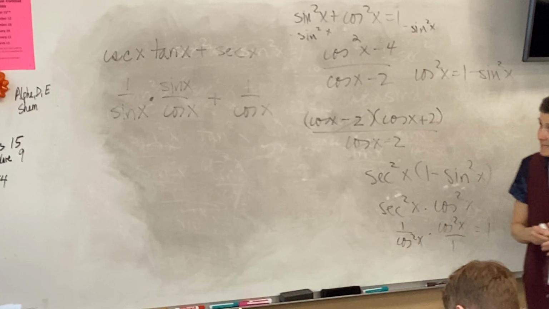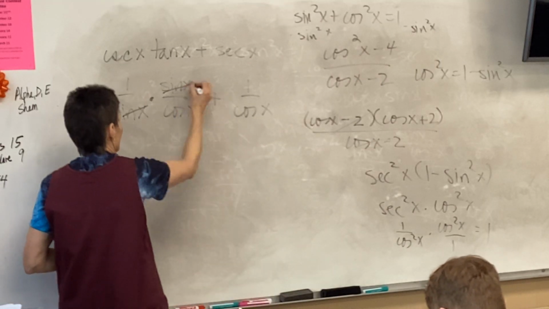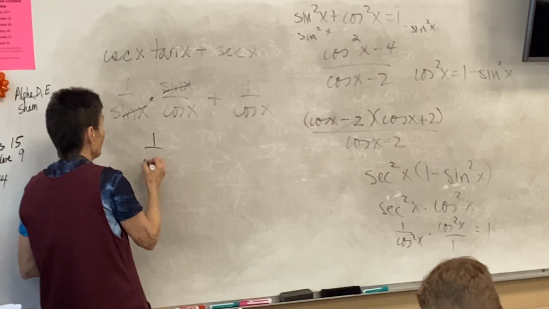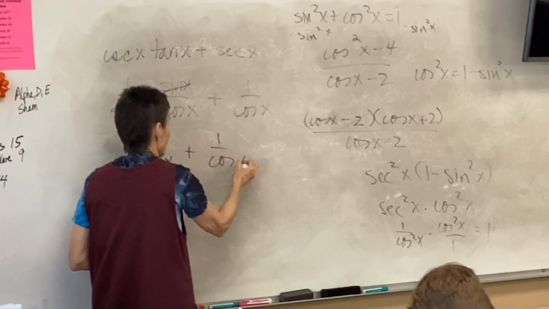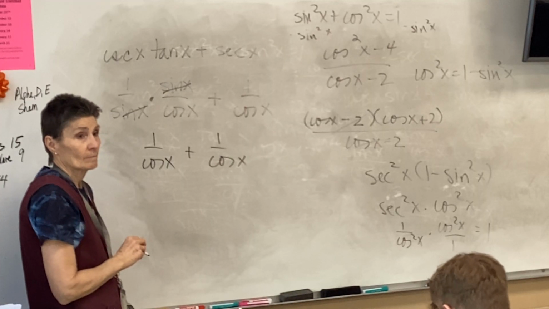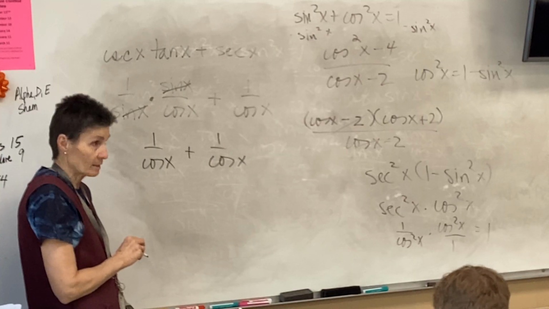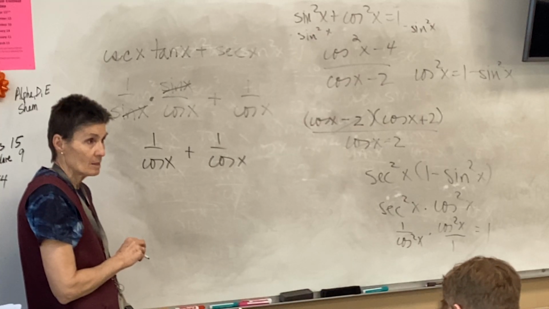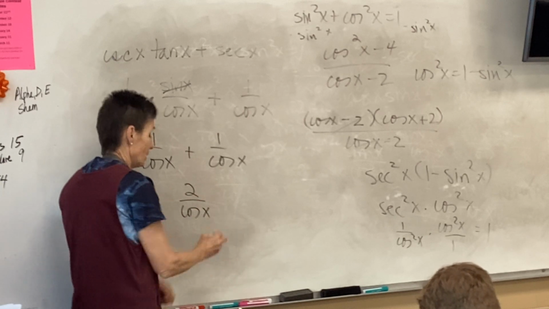So, does anything here cancel? Those. So we're left with 1 over cosine plus 1 over cosine. We can combine them. Don't they have the same denominator? So that's going to be 2 over cosine.